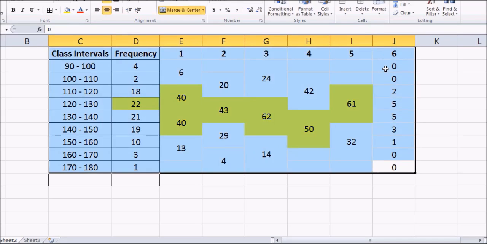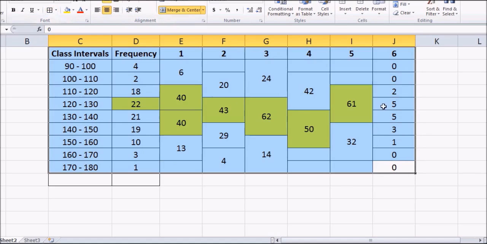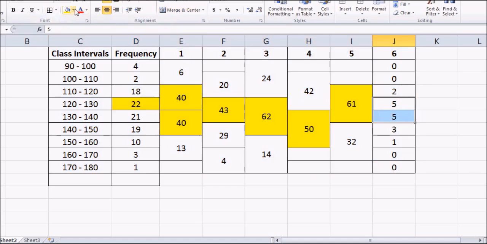So again we see that there are two maximums here, two 5s. Okay, so both of these happen to be 5.